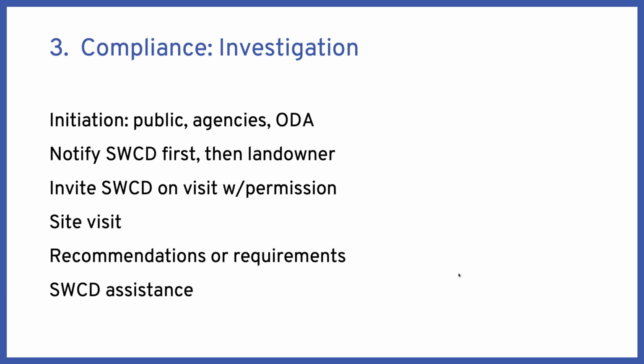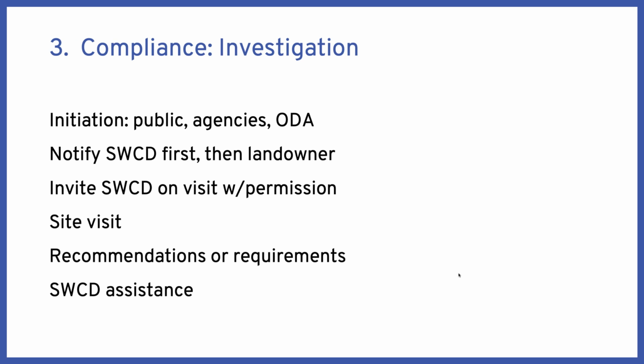As a result of the investigation, ODA may make recommendations or issue requirements. And by that, I mean, we might issue what's called a letter of compliance that says, hey, everything looks fine, or what we call a pre-enforcement letter that says, well, we had some concerns, here's some things we talked about that you could do, and depending on the severity of the issue, it might say, and we'll be back in a year to see how things are going.